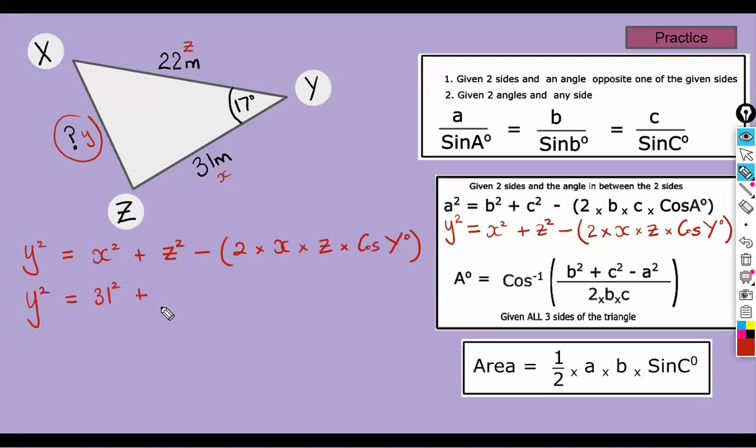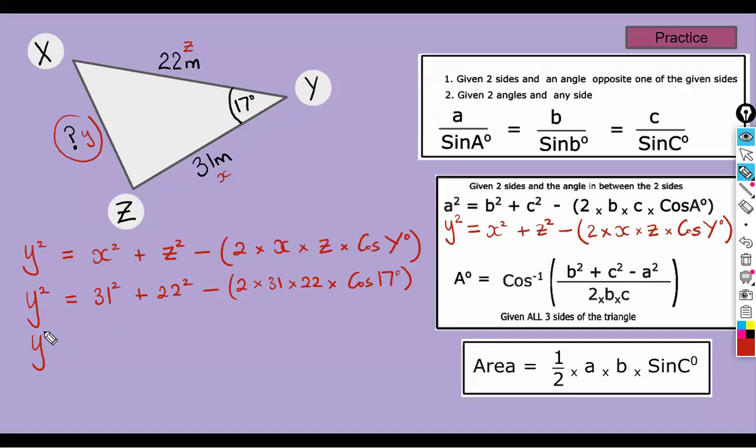31 squared plus 22 squared minus open brackets 2 by 31 multiplied by 22 multiplied by cosine, capital Y is 17 degrees.